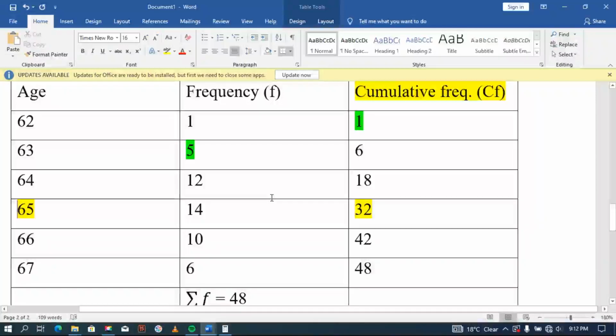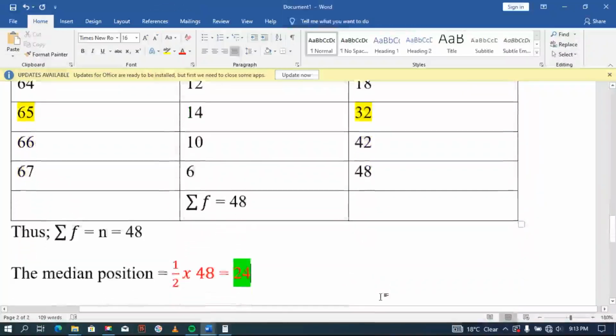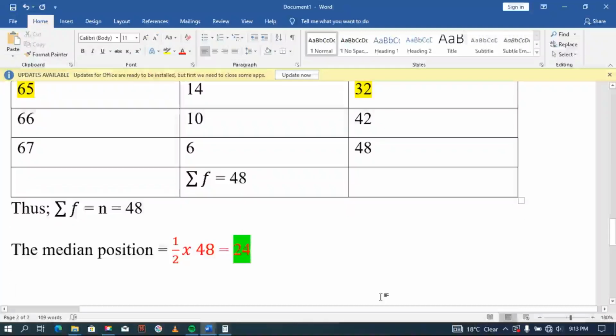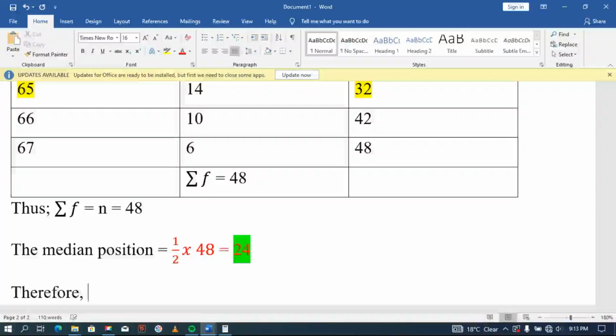So that is how we find the median when it comes to simple frequency distributions. We can therefore say the median edge is 65 yards.